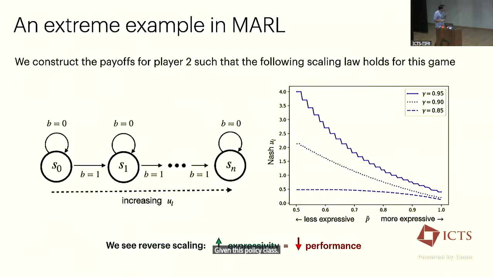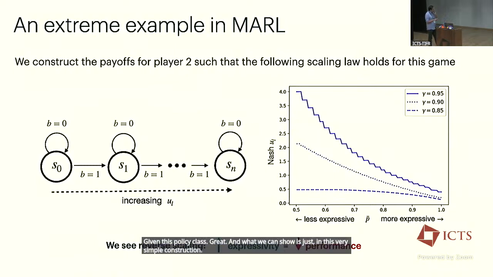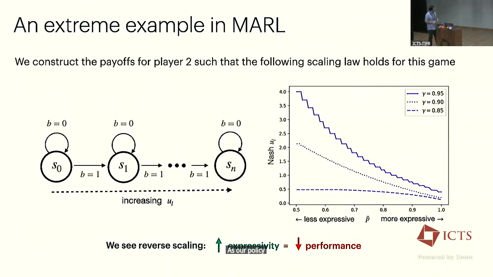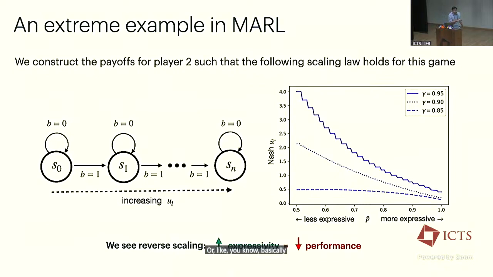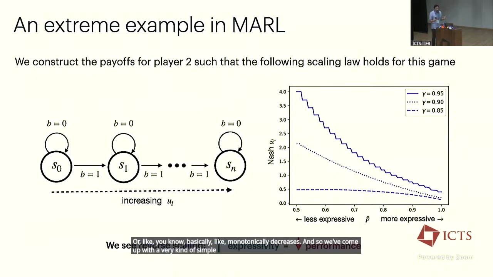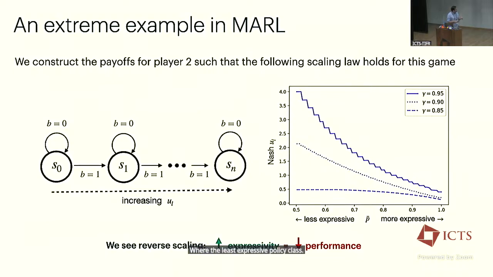Great. And what we can show is that in this very simple construction, as our policy classes get more and more expressive, our utility at Nash uniformly, or basically monotonically, decreases. And so we've come up with a very simple construction where the least expressive policy class actually gives you the highest reward at equilibrium, right?